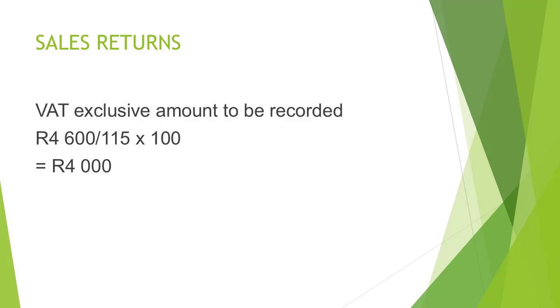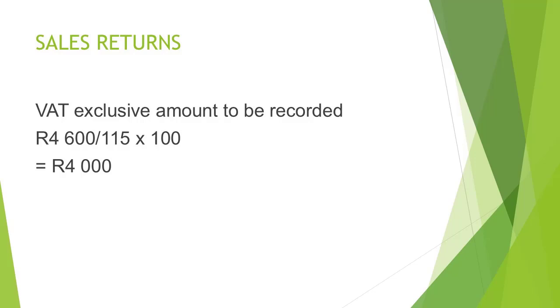With the recording of the original sales transaction, the amount exclusive of VAT was recorded in the sales column, and now with the reversal of the transaction, the amount exclusive of VAT is recorded in the sales returns column. The total amount of the transaction was R4,600.